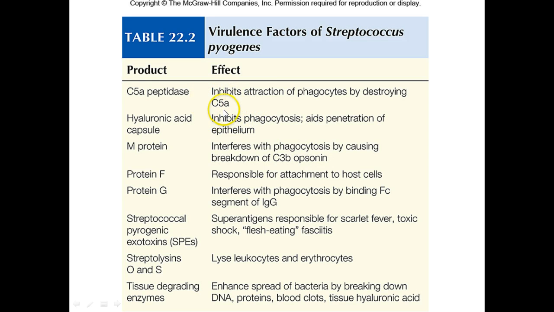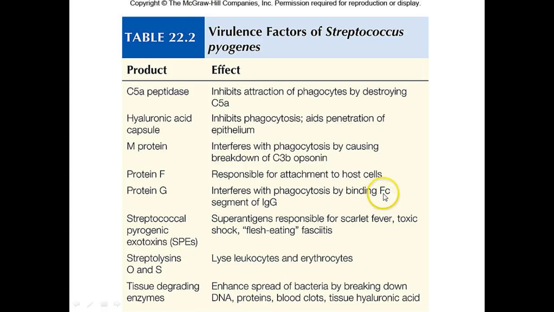C5a, remember, is another complement protein. What does this cause? This is during the inflammation process, right? Of calling neutrophils to the area. These guys produce an enzyme that breaks down C5a. So even if complement gets activated, they're shutting down the alert system for our white blood cells, our neutrophils, to get to the area.